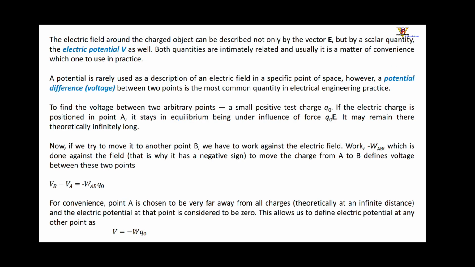If the charge is positioned at point A, it stays in equilibrium under the influence of force q naught E, and it may remain there theoretically for an infinitely long time.